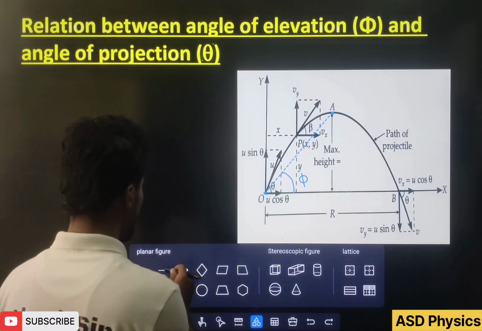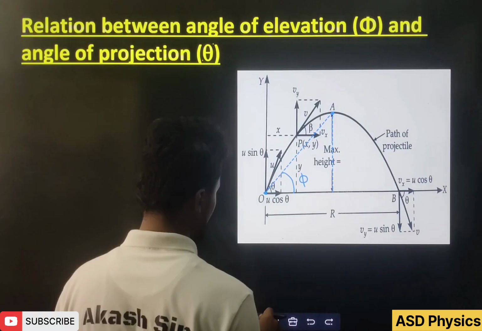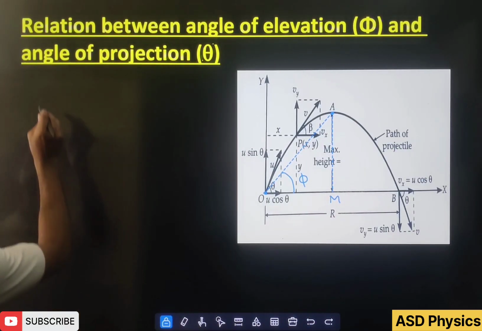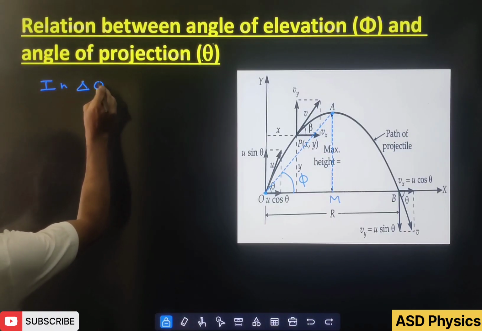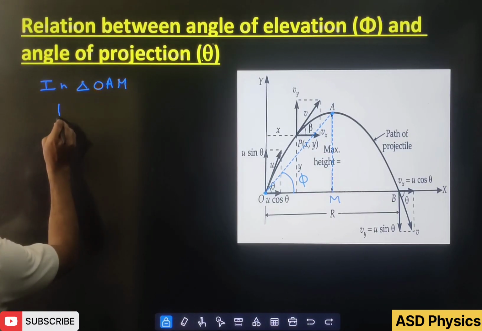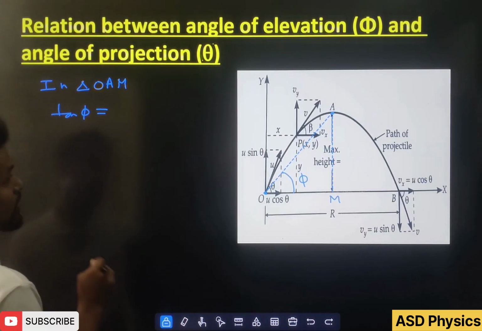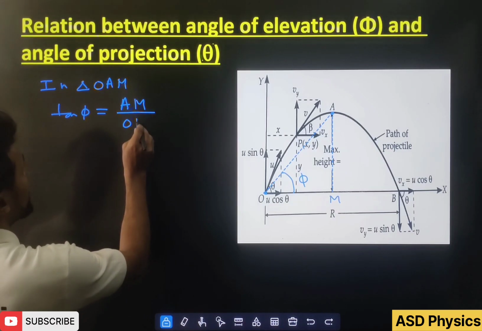Even you can see, if I see from here, let's take this is point M. So can you see one triangle? In triangle OAM, tan phi means angle of elevation. Tan phi, what we can write here? Opposite by adjacent, that means AM by OM.